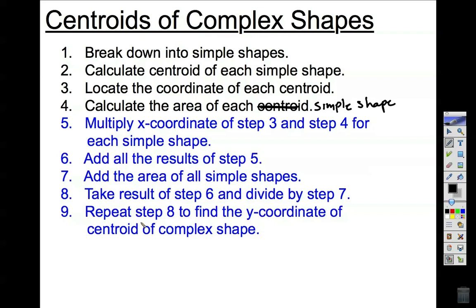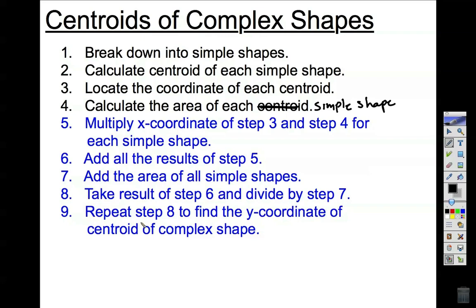After that, we're going to add all those products to get step 6. Step 7, just take the areas and add them all together. Step 8, we are going to take the result of step 6 and divide it by step 7. That result is the overall x-coordinate of the complex shape.